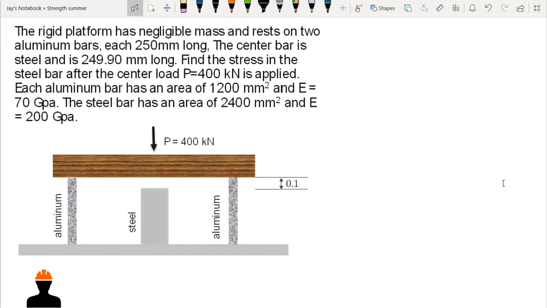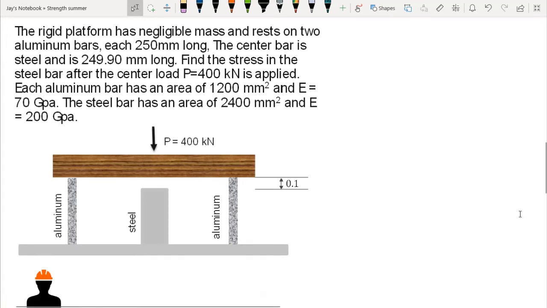Find the stress in the steel bar after the center load is applied. Each aluminum bar has an area of 1,200 square millimeter and a modulus of elasticity of 70 gigapascal. The steel bar has an area of 2,400 square millimeter and a modulus of elasticity of 200 gigapascal.